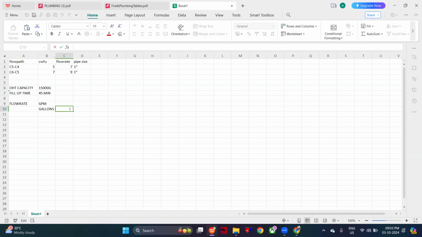It's a simple thing. You have to divide. Gallons is 15,000 divided by 45. You will get that answer. So that is the one they got. Understood or not?